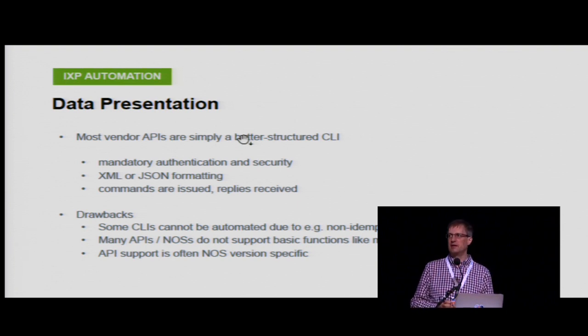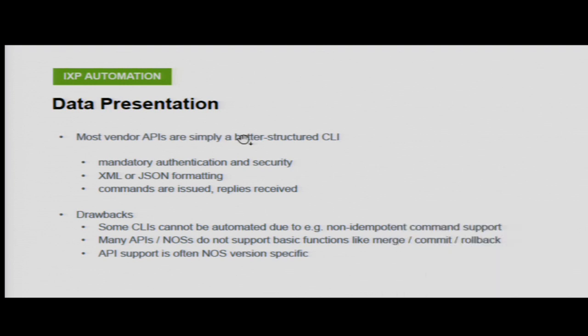Some CLIs cannot be automated terribly well, and this is an issue. And I'm going to talk a little bit later on about non-idempotent command support. A bunch of CLIs and consequently APIs do not support really fundamental building block functions such as configuration merge, configuration commit, and configuration rollback.